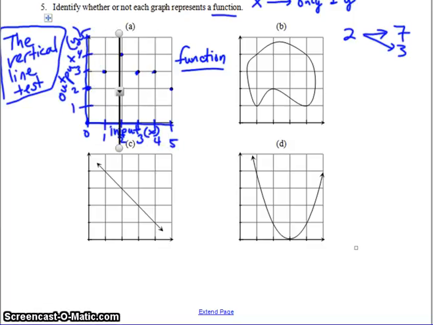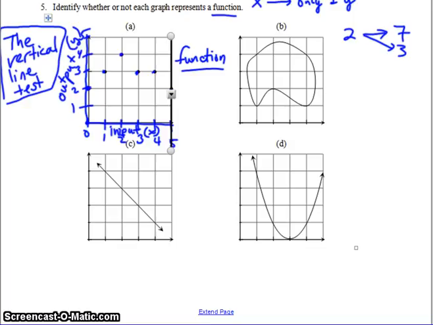If that vertical line intersects 2 points or 2 parts of the graph, then it's not a function. But since it only intersects at one point here, one point here, one point here, and here, that's a function.